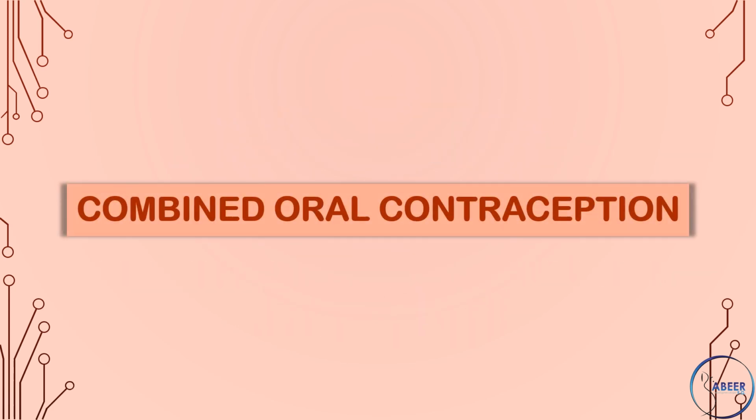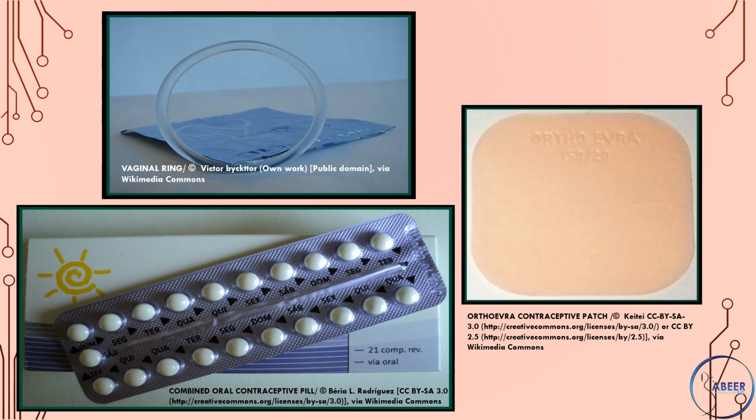Combined oral contraception. Combined oral contraceptives containing the third-generation progestogens, gestodene or desogestrel, are associated with an increased risk of venous thromboembolism or VTE when compared with those containing the second-generation progestogens, levonorgestrel or norethisterone.